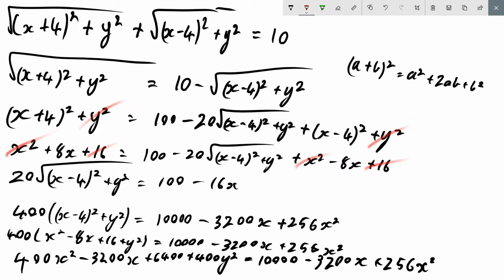Again, we have some cancelling. This 3,200x goes away. Now, because I've run out of space, I'm going to get rid of the working out that I've put so far and rewrite this last line.